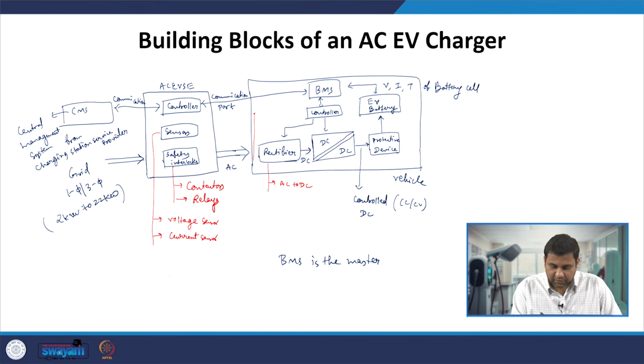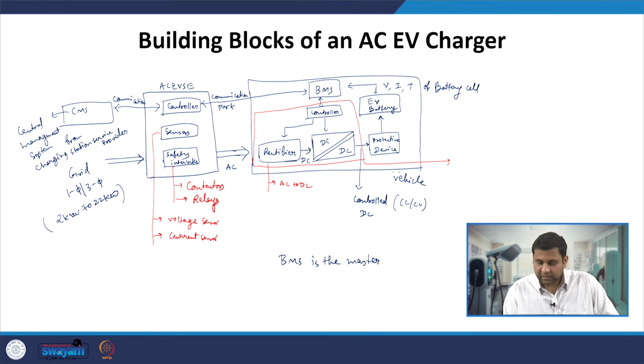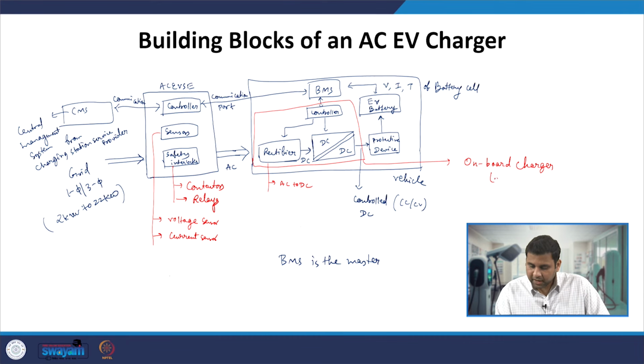That means the power conversion unit is placed onto the vehicle, and when the AC charger gets plugged in, you use this power conversion unit which is placed onto the vehicle, and this power conversion unit is sometimes also called the on-board charger, where the power conversion is taking place onto the vehicle and you are directly plugging AC into your vehicle.